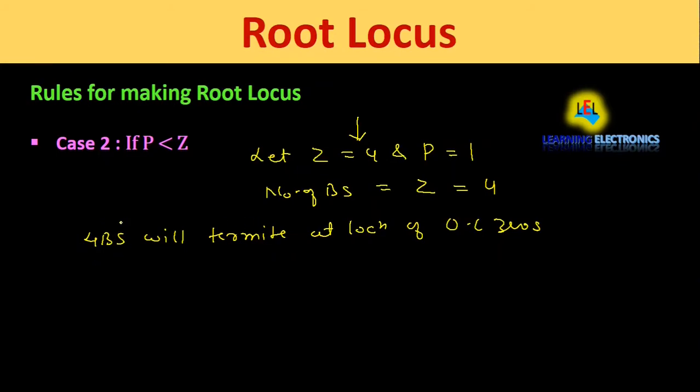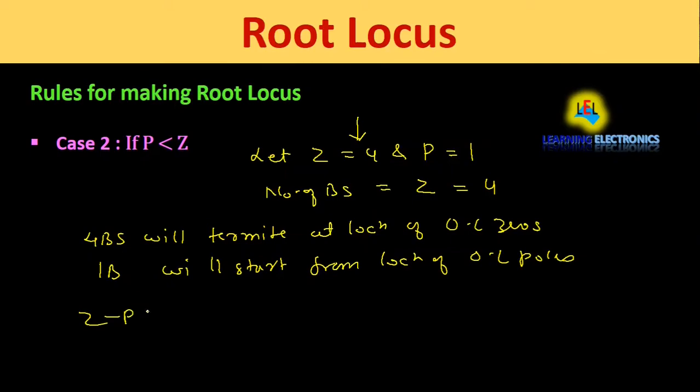Out of 4 branches, since we have only one pole, only one branch will start from the location of the open loop pole, and the remaining branches, that is z minus p, will be equal to 4 minus 1 is equal to 3. So 3 branches will start from infinity.